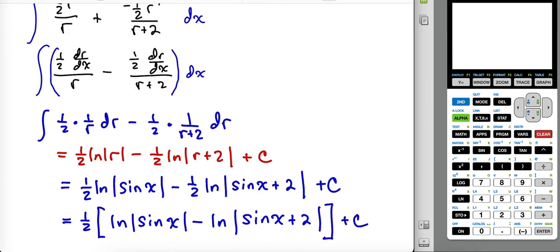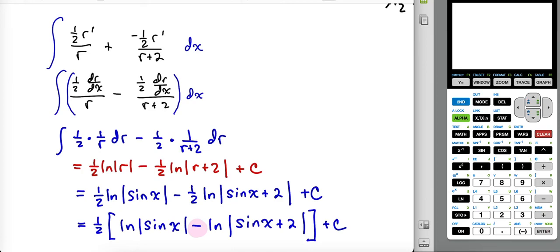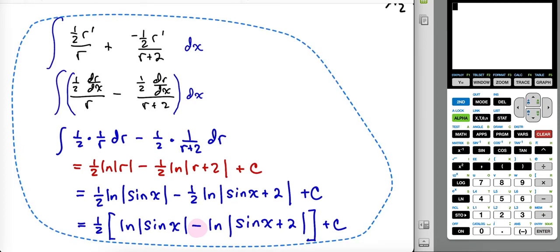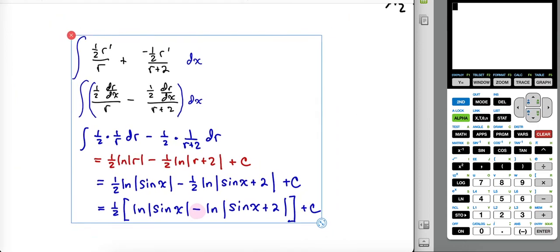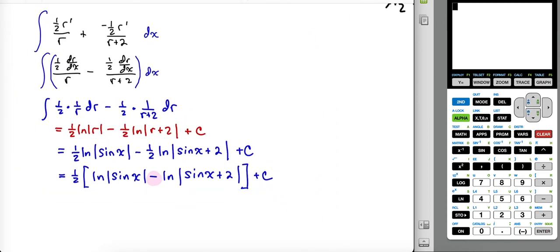And one of the log rules tells us that if you have subtraction in an expression, it can collapse down to division. So this would be the same as saying 1/2 ln of the absolute value of sine x over the square root, I'm used to saying that from the thousand other problems that involve square roots, of sine x plus 2, all plus c.